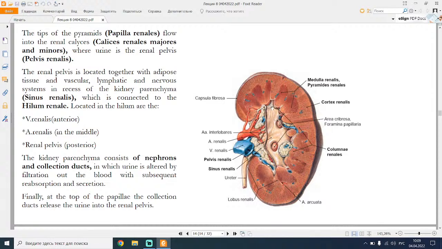Calyces renalis minor, calyces renalis major. This is pelvis renalis.